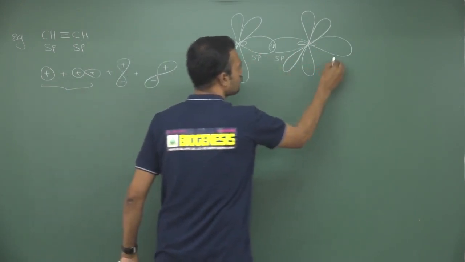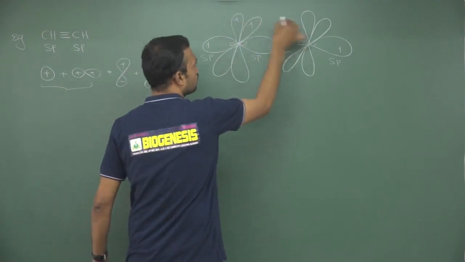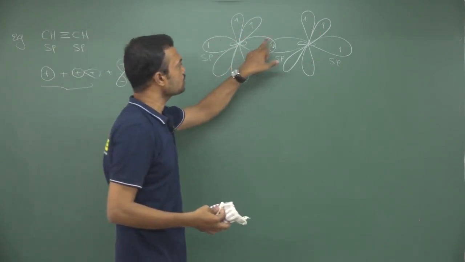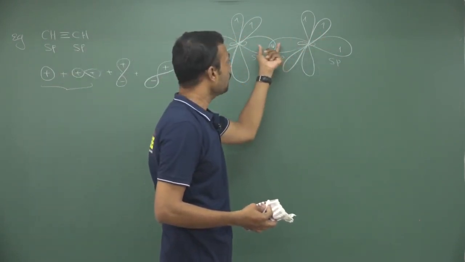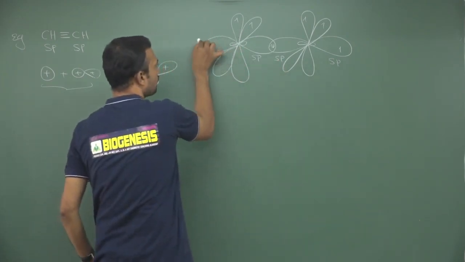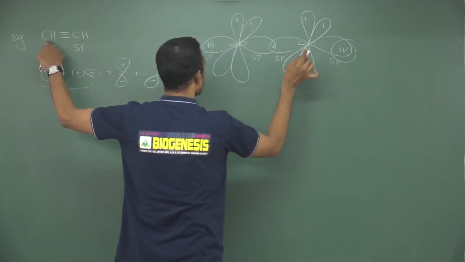Now these hybrid orbitals are responsible for sigma bond. Here sp, here also sp, here one electron, here one electron. So these two are hybrid orbitals, here also these two are hybrid orbitals. Hybrid orbitals combine and form a sigma bond, and here this hybrid orbital overlaps with hydrogen, here also it overlaps with hydrogen. So that's why you get C-H and C-H.